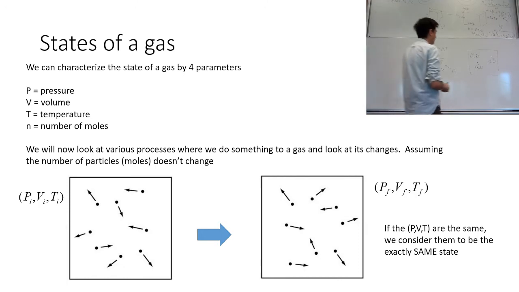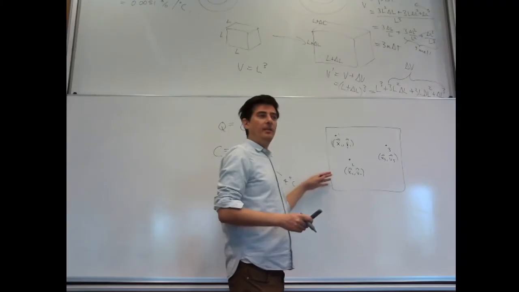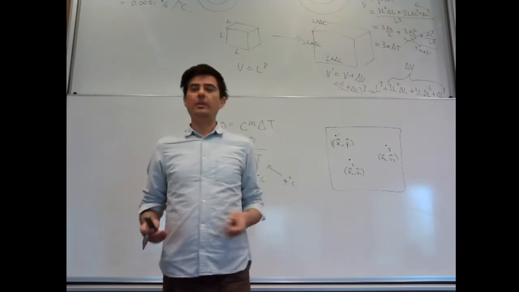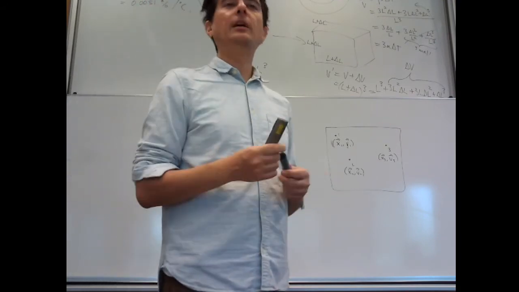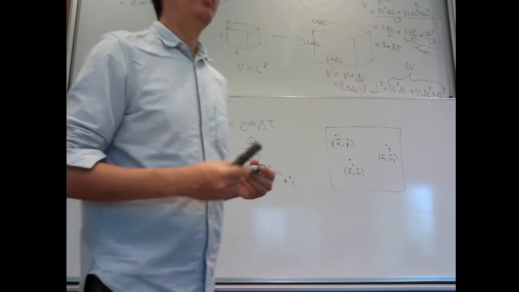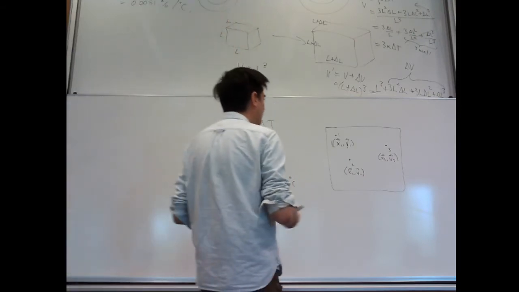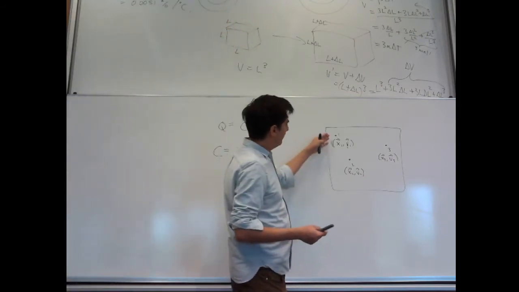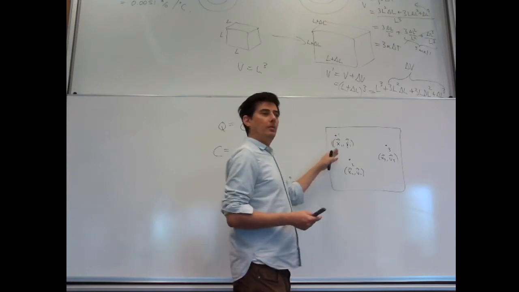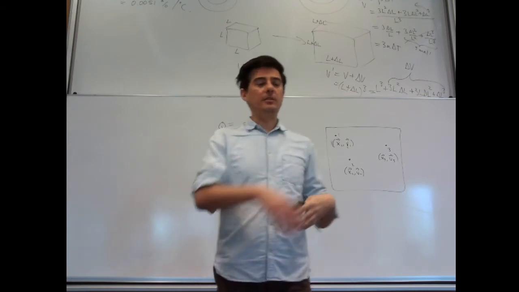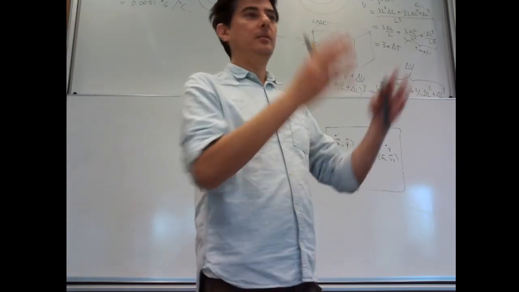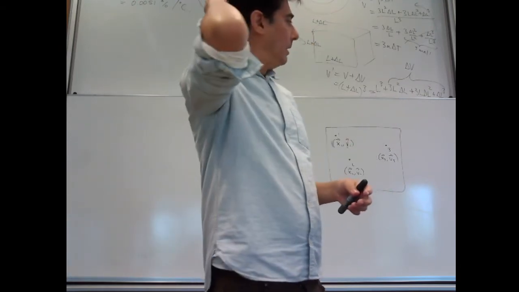Now, of course, this is a huge amount of information. If you've got a typical gas, you've got Avogadro's number of atoms, and for each one of them we need to know the position, and these are all flying around, so every moment of time it's going to be in a different state.